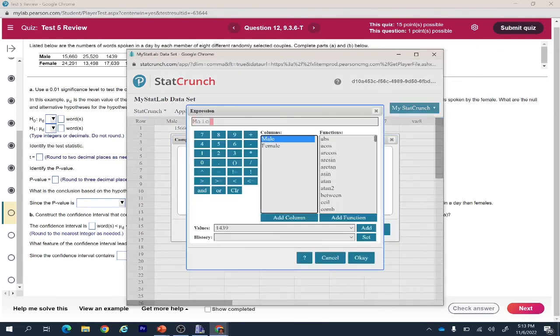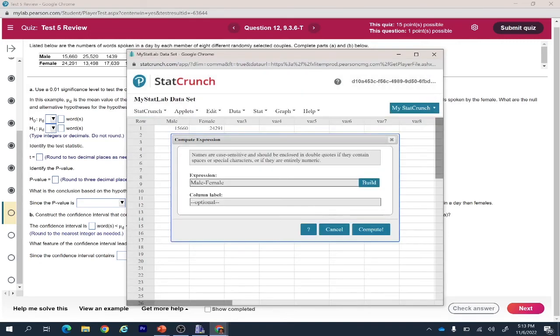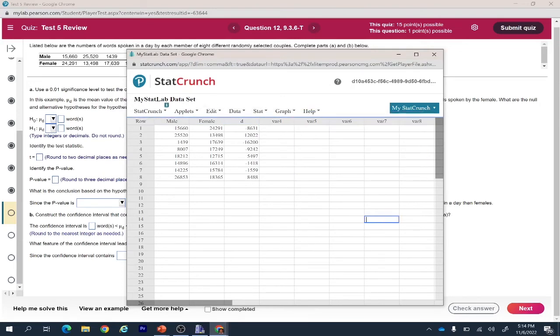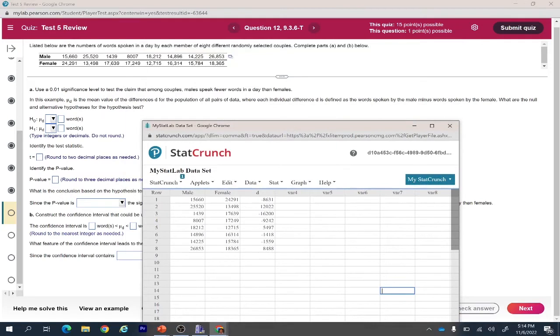Take male minus female, just click OK and compute. So now it's going to give you male minus female. This is actually d, the difference between the male and female. Remember, you always have to pay attention to which one you are subtracting from which, and that is given here: d is male minus female.